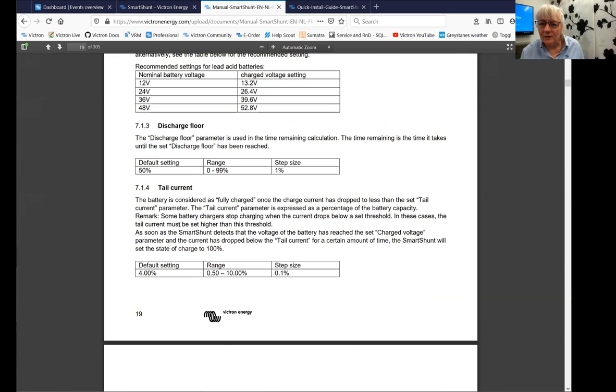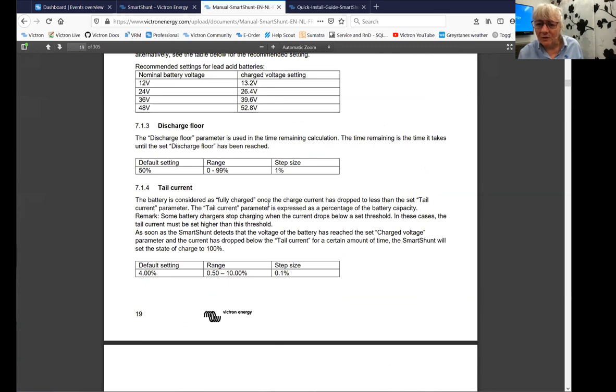Tail current is the next one. So it looks at voltage and the current, and once both of those occur, then it goes to 100% full. The battery is considered fully charged once the charge current has dropped to less than the set tail current parameter. By default, we say 4%.